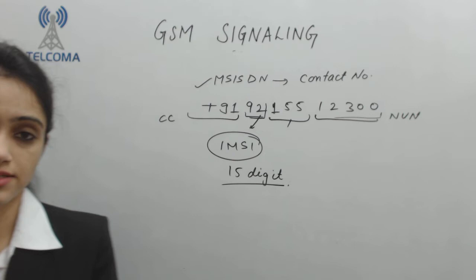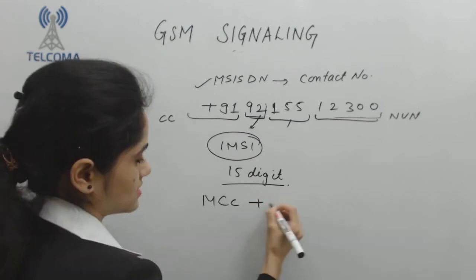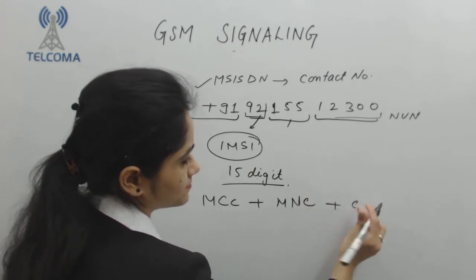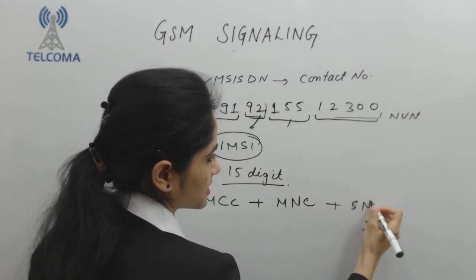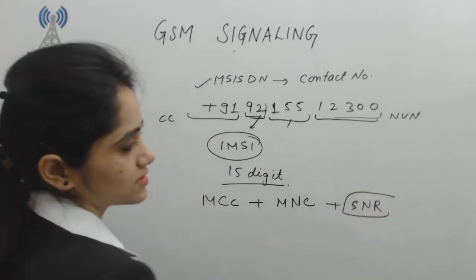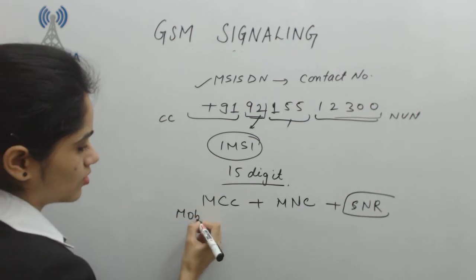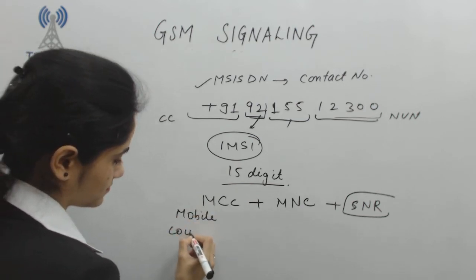Now what is the composition of IMSI? IMSI requires MCC, MNC plus serial numbers. What is MCC? MCC is the mobile country code.